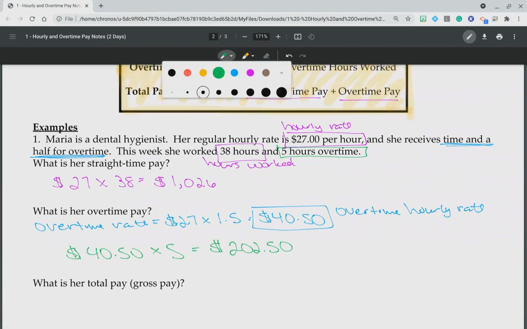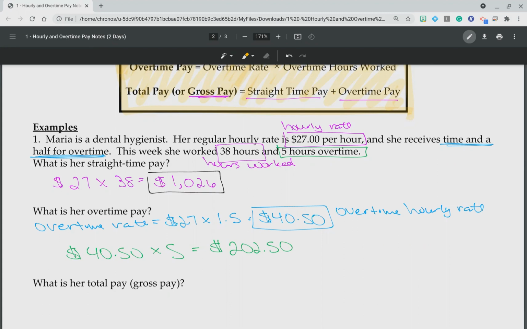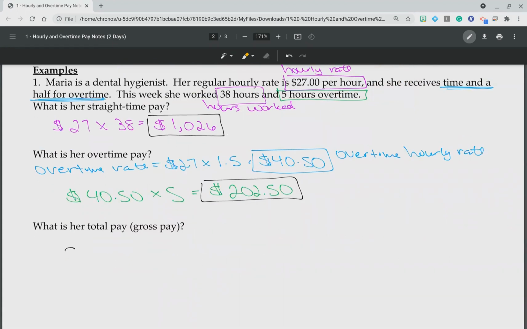So then the last thing we're asked to do is find her total gross pay. And we do that by taking her straight time pay and adding it to her overtime pay. So $1,026 plus $202.50.